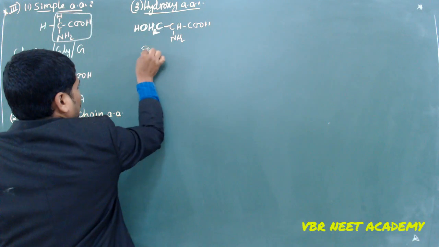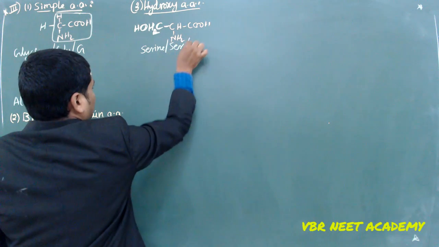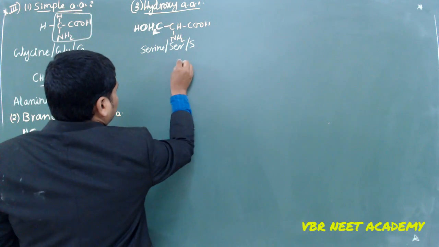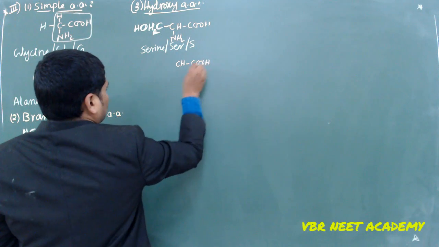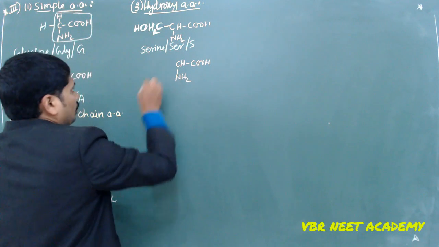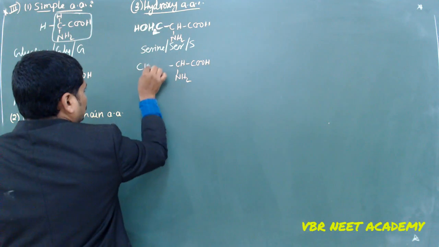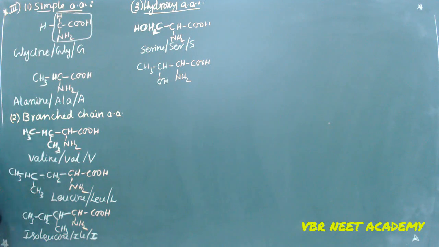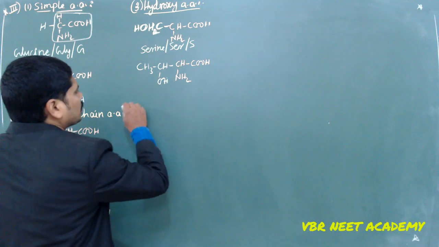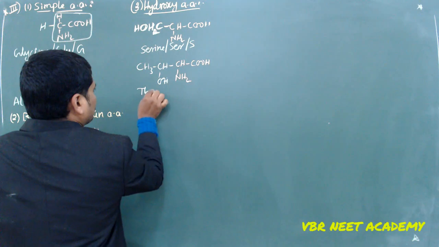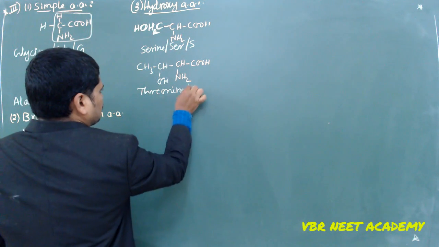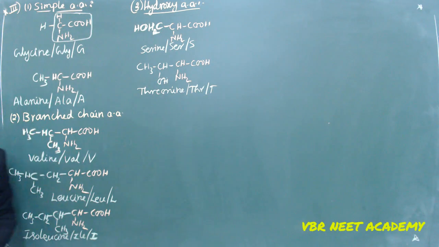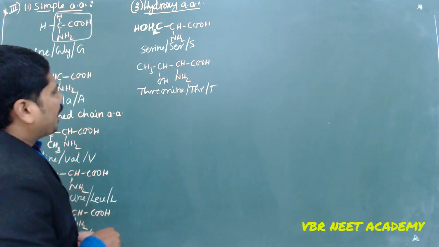This is called serine, SER. Here I have CH3 CHOH, which is called threonine, T. These are the amino acids that have a hydroxyl group present.